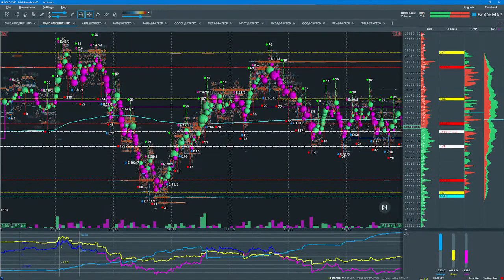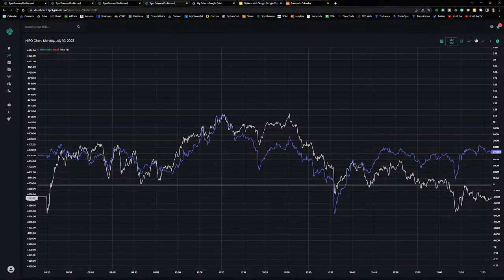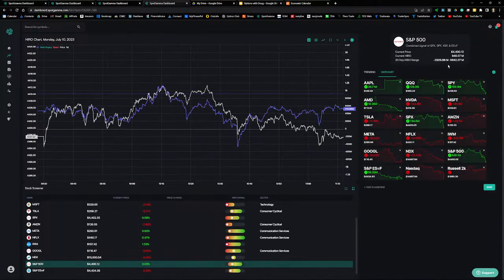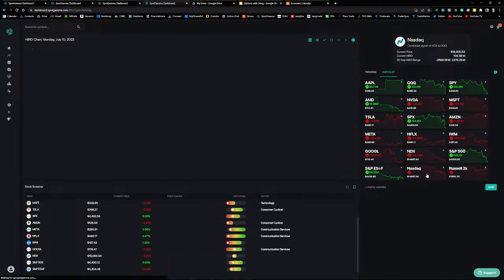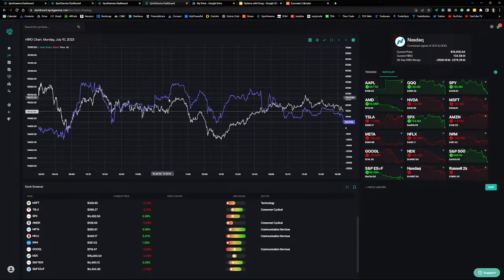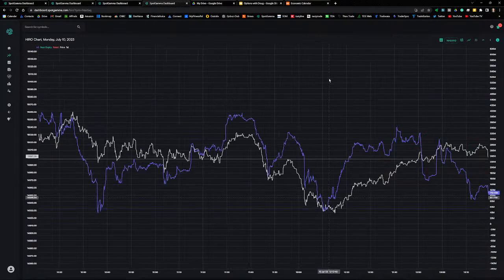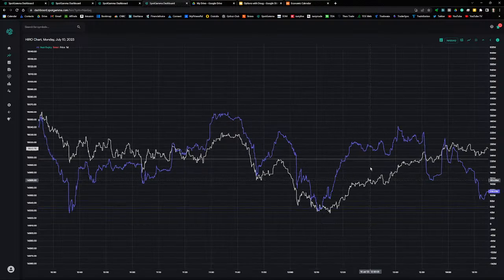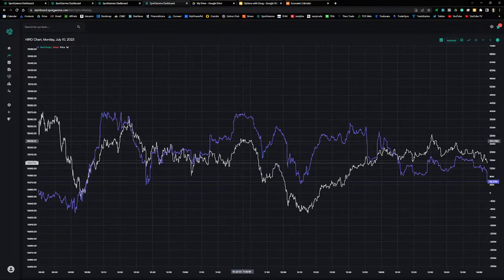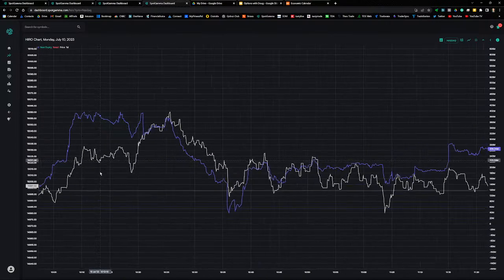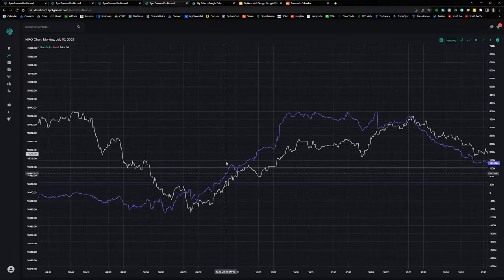All right, so let's take a look at Hero first. So I'm going to go back to Nasdaq. I'm going to zoom in. So this is a combined signal for NDX and QQQ. Zoom in on the morning.